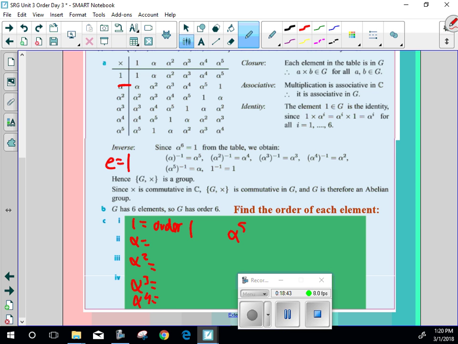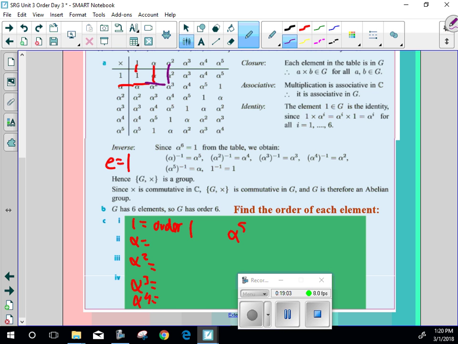Now do alpha times alpha, what do you get? Alpha squared. Then you take that answer, alpha squared times alpha gives you alpha cubed. So we have 1, 2, because it's alpha times alpha, that's 2.